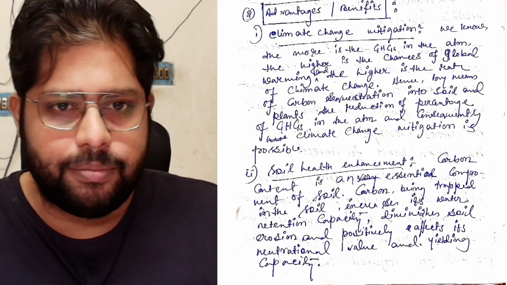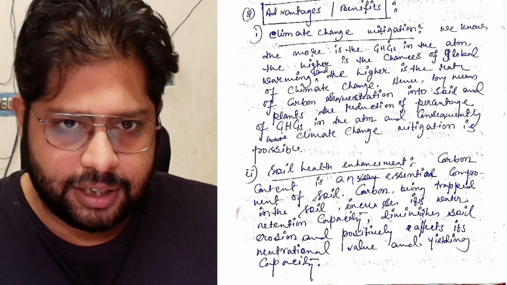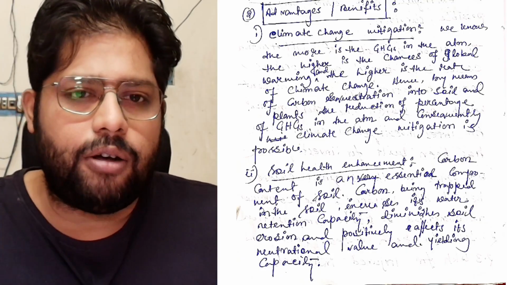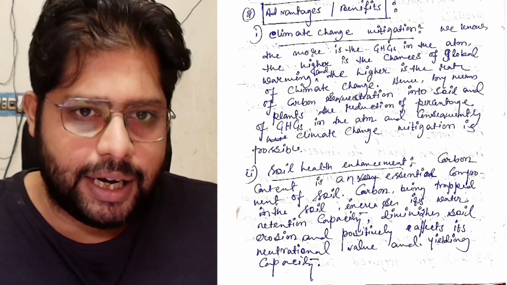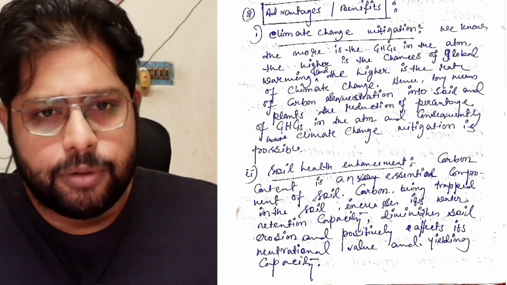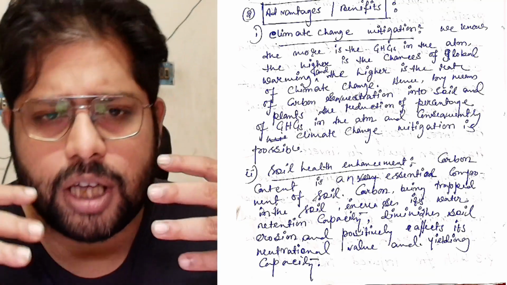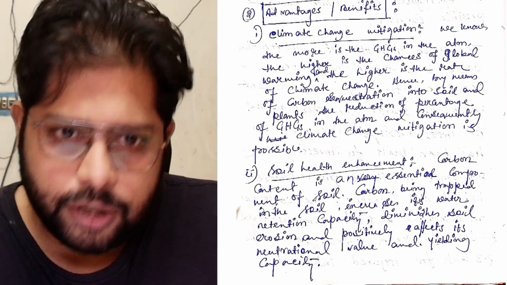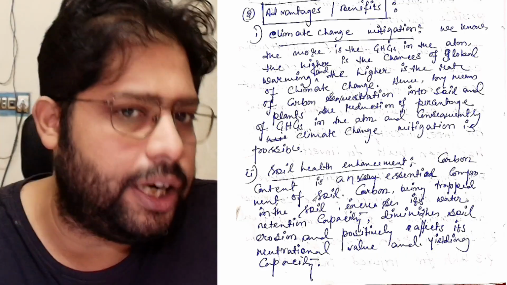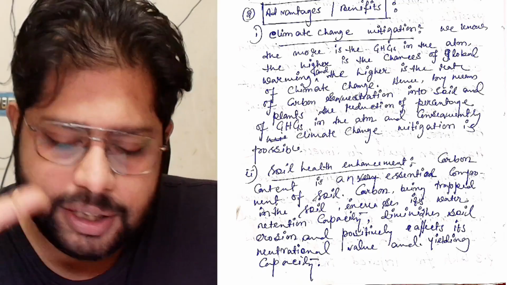We know that climate change is happening because of those greenhouse gases, global warming, etc. Now that climate change could be reduced, mitigated, or offset by this carbon farming, because through it we will be able to sequester carbon from the atmosphere into our plants and soil. So this is the main objective.